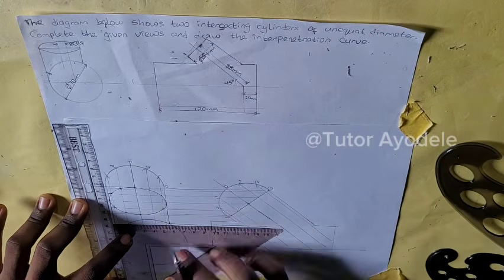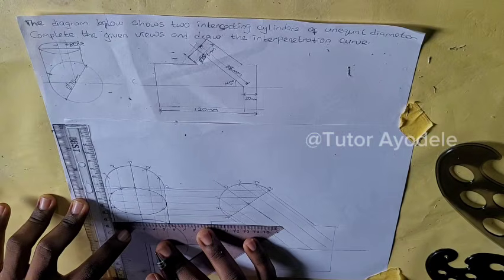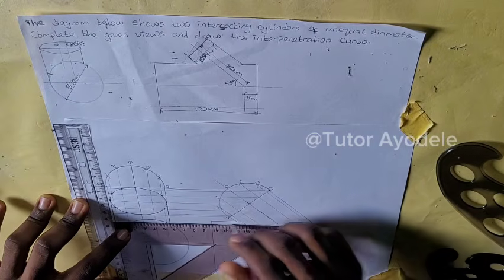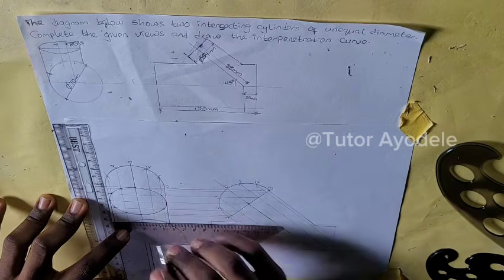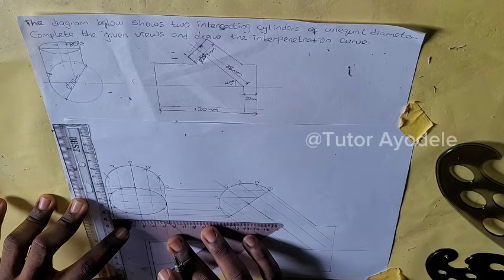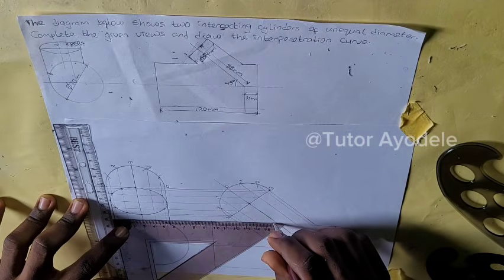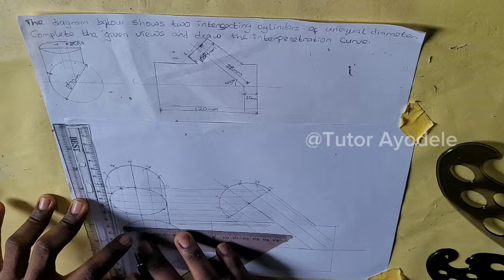From point one, I'll take it there. I'm drawing a line inside. From point two, take it there. Drawing a line inside.